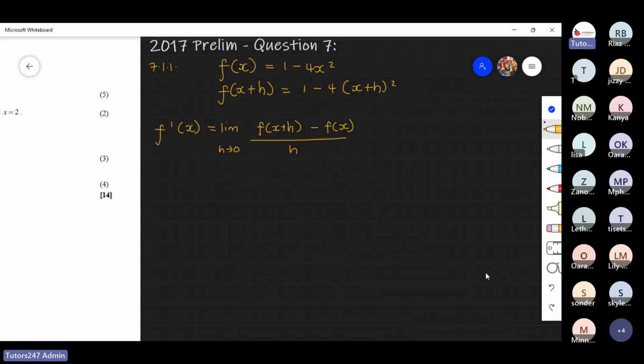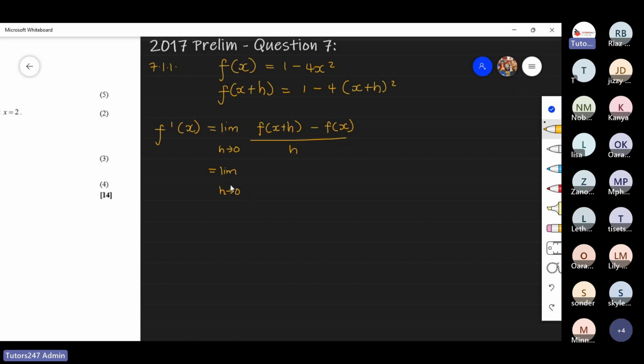So now we can directly substitute each component into our formula. So we're going to bring down the limit as h approaches 0 because we have not yet substituted h equal to 0. Once we substitute h equal to 0, that is the only time we will drop or not bring down the limit as h approaches 0.